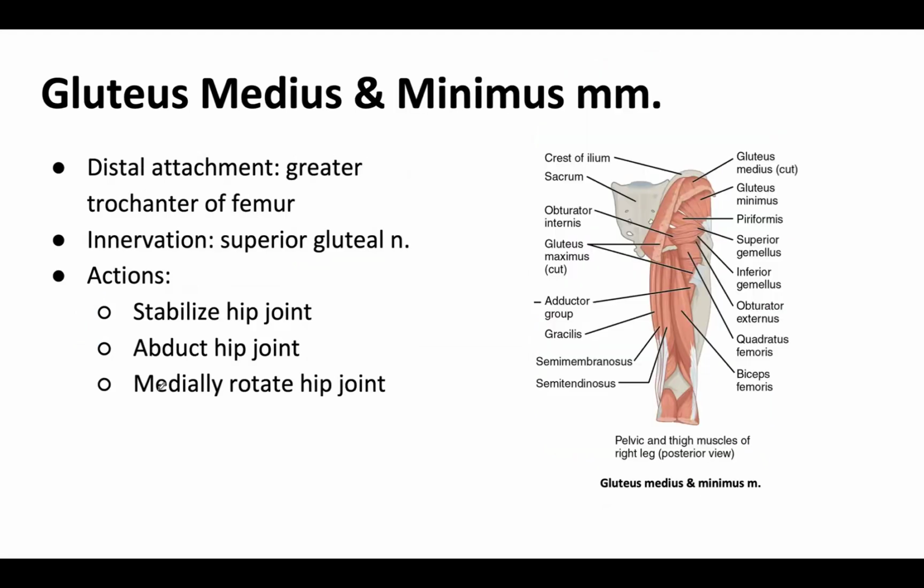Moving to the gluteus medius and minimus, and we will actually talk about these together because they do share many common things, including a distal attachment, they share an innervation, as well as actions. But again, as I mentioned before, the gluteus medius is bigger and superficial to the gluteus minimus. The gluteus minimus is actually on that same plane as many of those lateral rotator muscles.